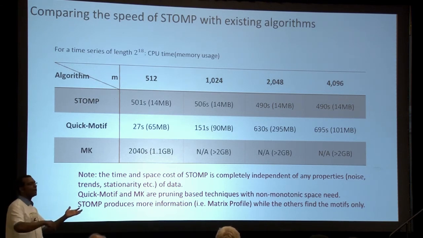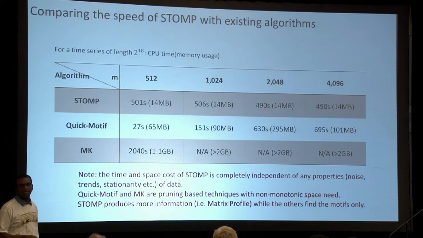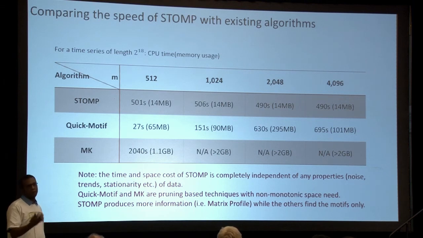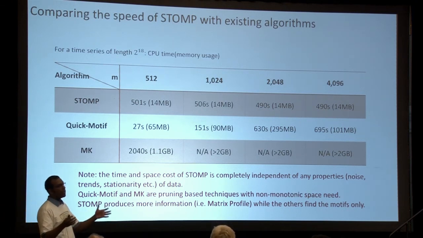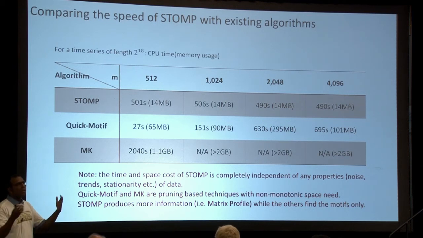So you can prune more, and you need less space. But the whole space requirement is dependent on the data properties and many other things that you don't want your algorithms to depend on. Because we are creating this as a black box, and that's the way it will be useful for all domains and all different application areas. So MK is out of question, so that's no comparison.